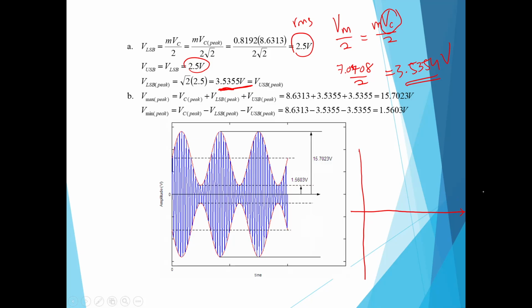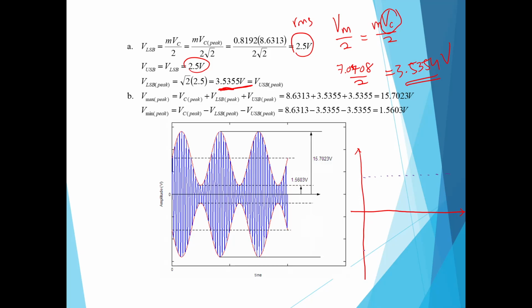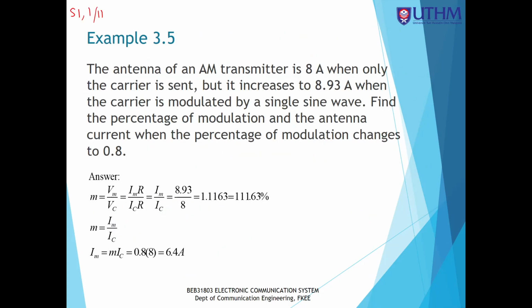When you want to draw it, what I want to see is that you draw correctly and label correctly. First of all, I draw the imaginary lines, which are equal to VC and also minus VC level.